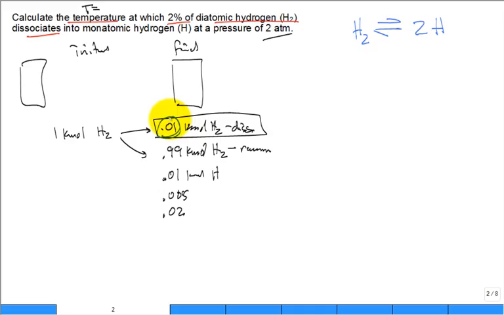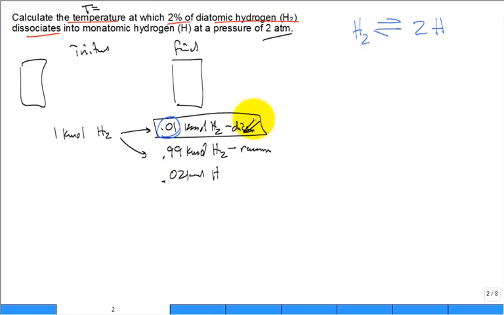So if 0.01 kilomoles of diatomic hydrogen, H2, dissociate, how many kilomoles of monoatomic hydrogen, H, do I get? And it's one of these three answers. 0.02. You get 0.02. This is a big step. You've got to figure that one out. I mean, it's hard to do sometimes, but there you go.